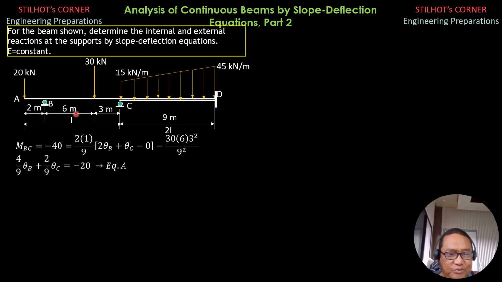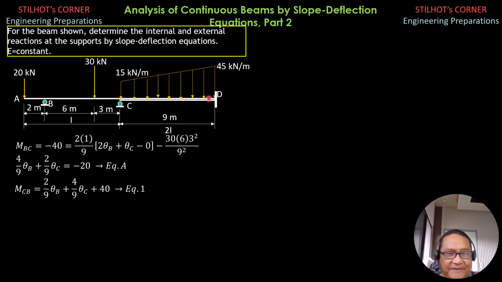MCB is equal to 2 times 1 over 9, quantity theta B plus 2 theta C minus 3 times 0 again, then plus 30 times 3, 6 square over 9 square. And again, the shortcut, you just interchange. So MCB is 2 over 9 theta B plus 4 over 9 theta C, then plus 40. Call this equation 1.